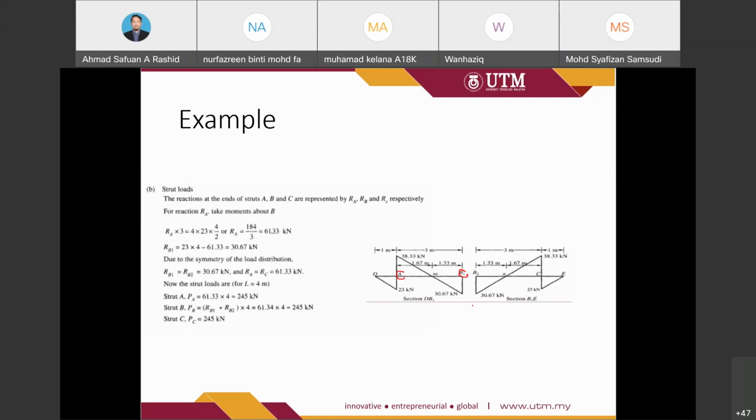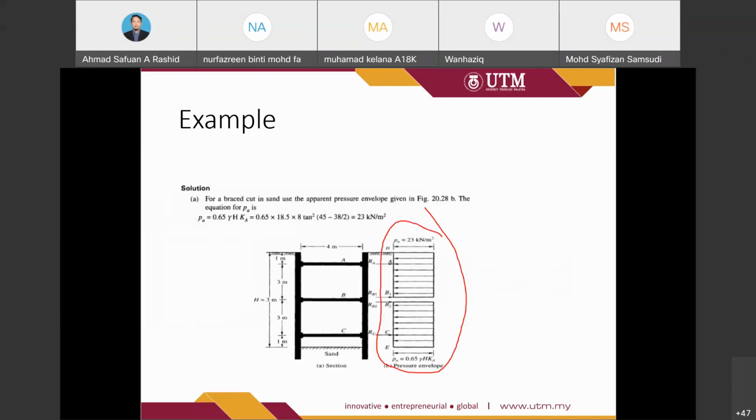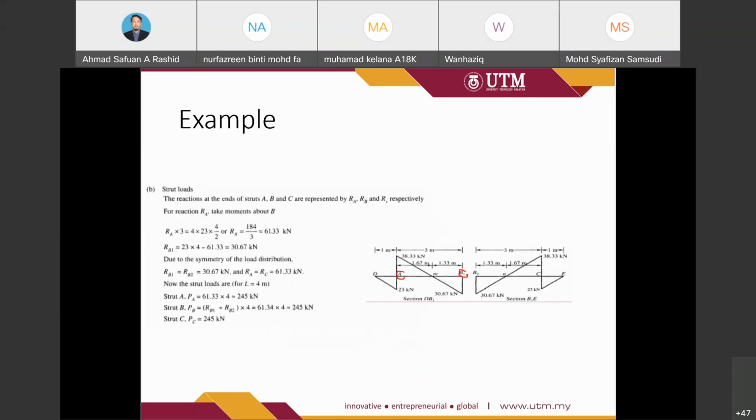Then we calculate based on the moment, RA towards B times 3. So RA is equal to 4 times 23, where 23 is obtained from the pressure, times 4 over 2.